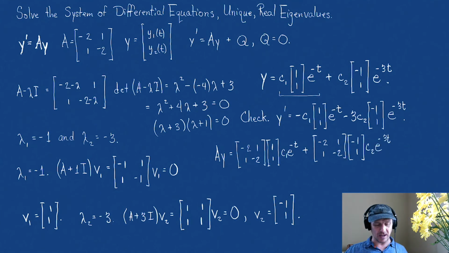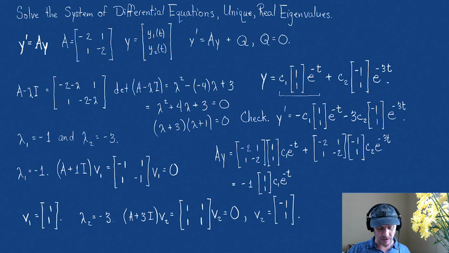Now, you can calculate this through, but if your eigenvector is correct, then the matrix times the eigenvector should give you the eigenvalue times the eigenvector. In other words, this should give me a negative 1 times the vector 1, 1, c1 e to the minus t. Let's just double check. That's going to be minus 2 times 1 plus 1 times 1, which is minus 1. Factor it out, there's the first piece. And 1 minus 2 is also going to be a minus 1. Factor that out, there it is.